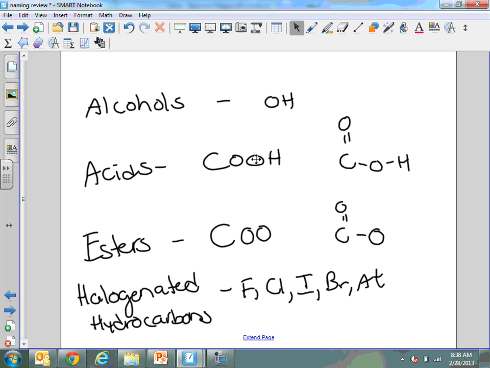Acids have a COOH group, which looks like this when we draw the structural diagram. And esters are basically an alcohol plus an acid to give us an ester. The alcohol loses the OH, the acid loses the H, so basically we lose a water, and we end up with a COO group. So this is how we identify an ester. Halogenated just means it has something from group 17 attached to it.